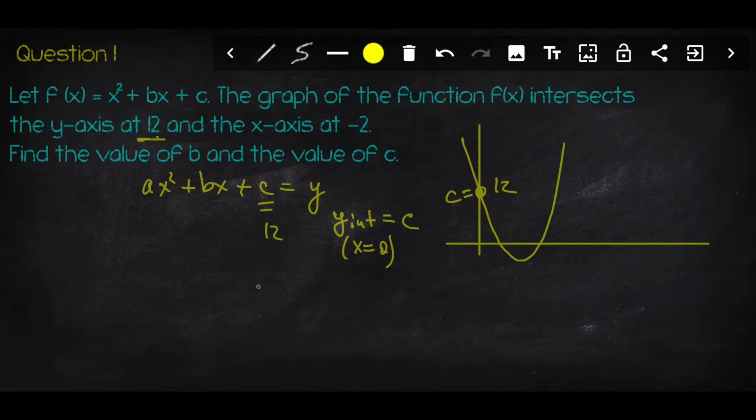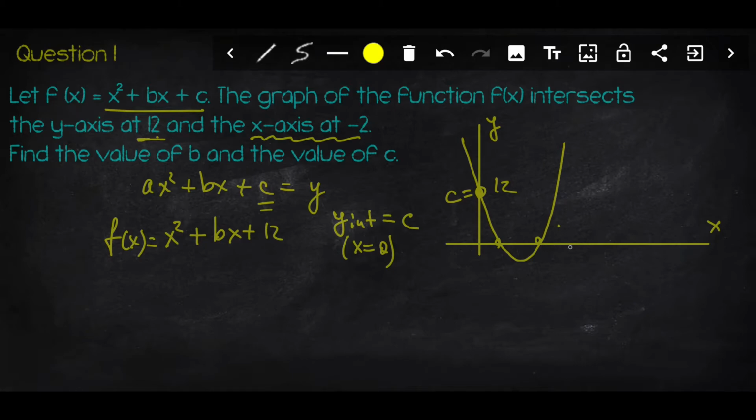So we know that, and because we have this equation in this form, we can write f(x) as the following. We also know that there is an x-intercept at -2. In the general case, there are two x-intercepts, but there might be one touching point, which is the turning point, or there might be none. For example, this particular parabola is completely above the x-axis, all right? In our case, we have an x-intercept at -2.